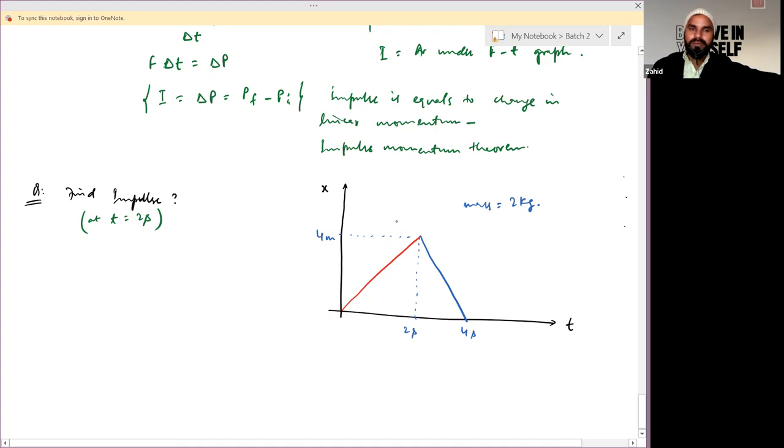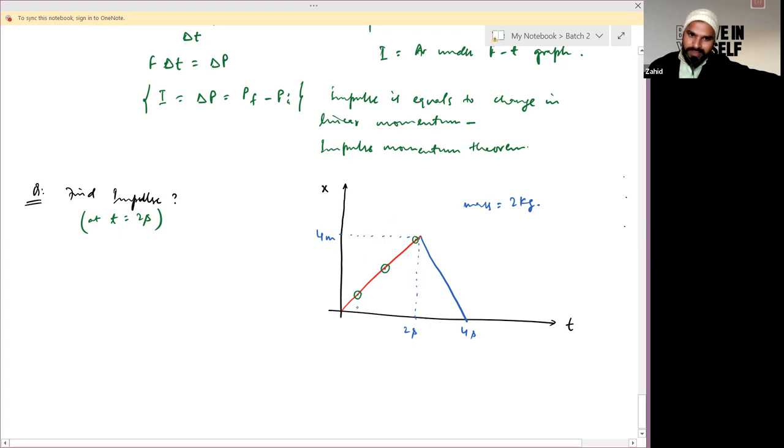It will equal change in linear momentum at that moment. So we have a displacement time graph. In the last chapter, we defined that the slope of a displacement time graph will define velocity. So if you find the slope at this instant, or at this instant, since it is a straight line, the slope at every point will be the same.